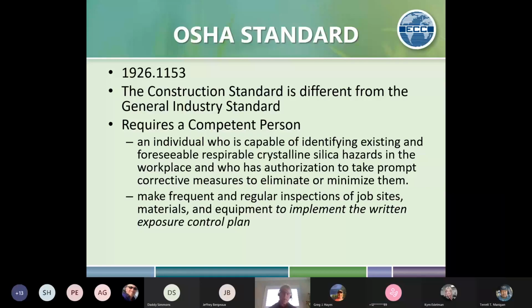In this particular case, it's specific to silica, so it's somebody who's capable of identifying existing respirable crystalline silica hazards, and has the authority to implement the written exposure control plan, which we'll talk about in a few minutes.